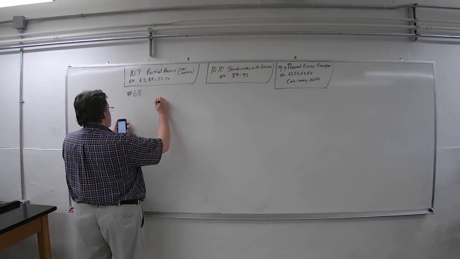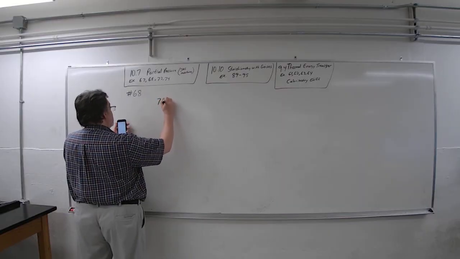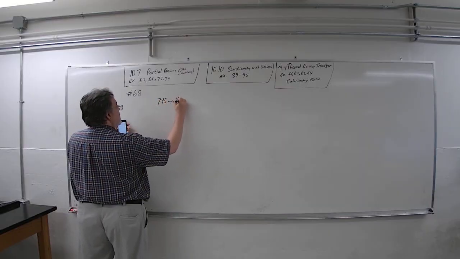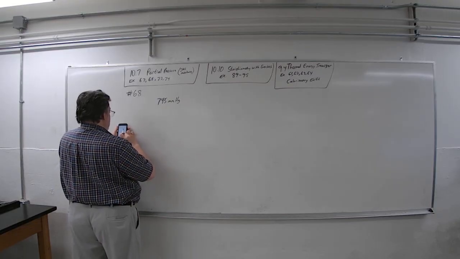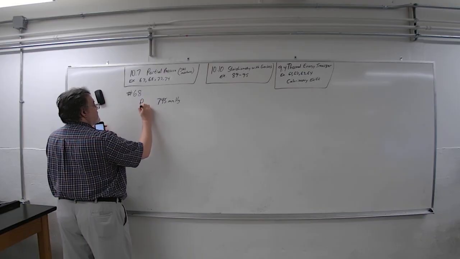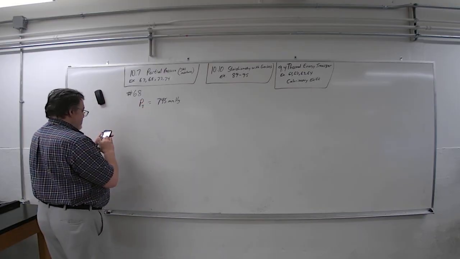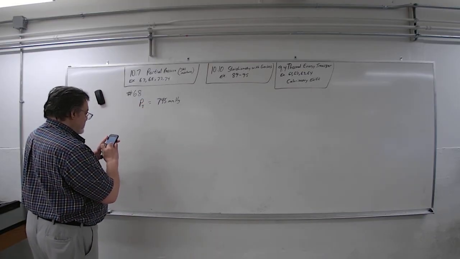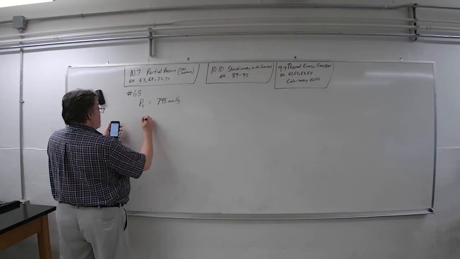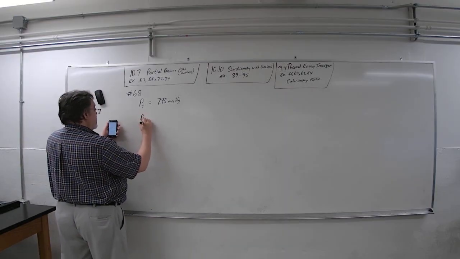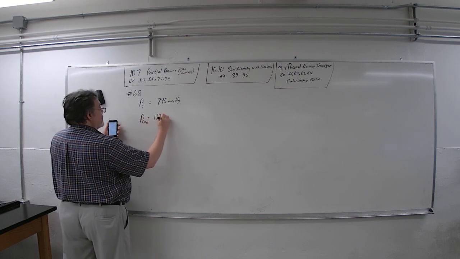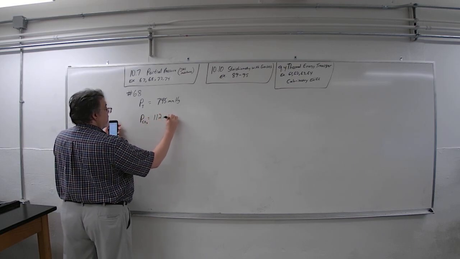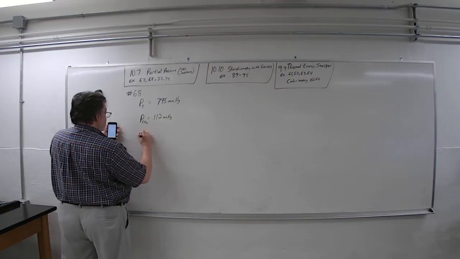Okay, the information we're given is, I'm going to say, total pressure is this. And pressure coming from CO2 is 112 millimeters of mercury. This is a simple concept.